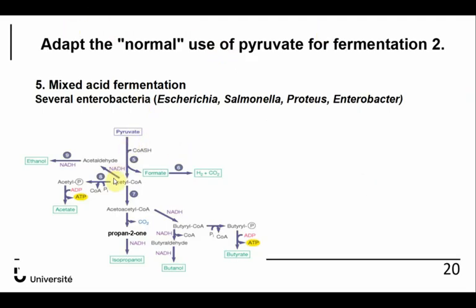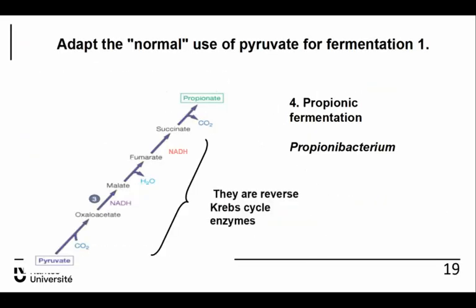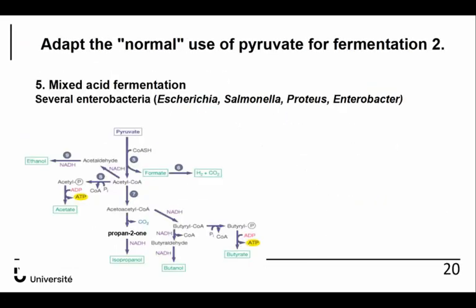The first step is to produce acetyl coenzyme A. But the enzyme that does this is not pyruvate dehydrogenase, because pyruvate dehydrogenase will produce one extra NADH.